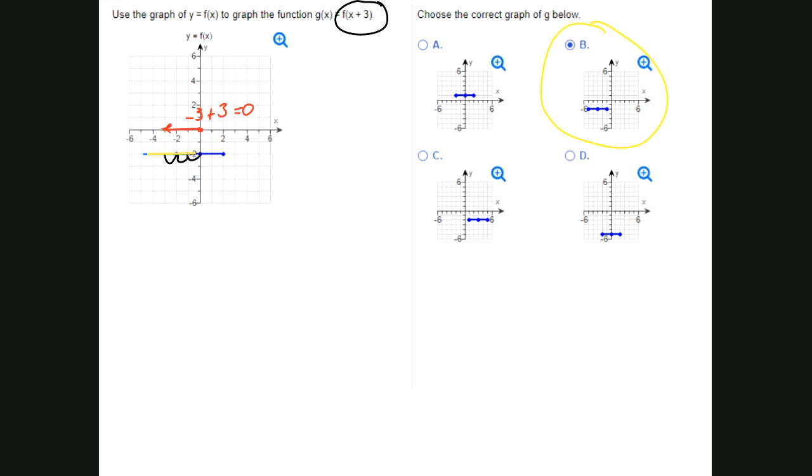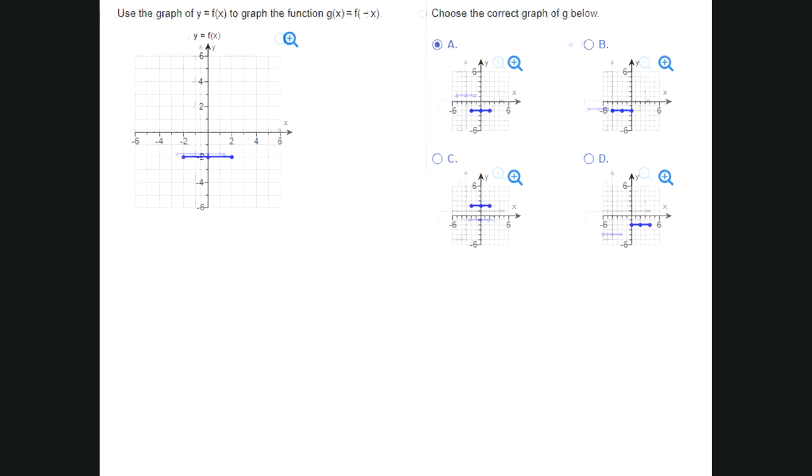So let's take a look at f of negative x. This is an inverse, but you have to stop, take a minute, and think about whether we're inversing over the y-axis or the x-axis. And remember, when it's on the inside like that, we're rotating around the y-axis.